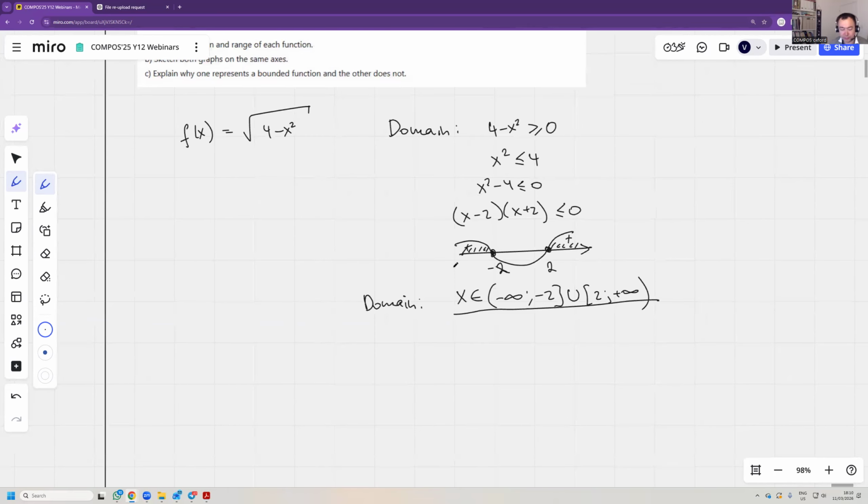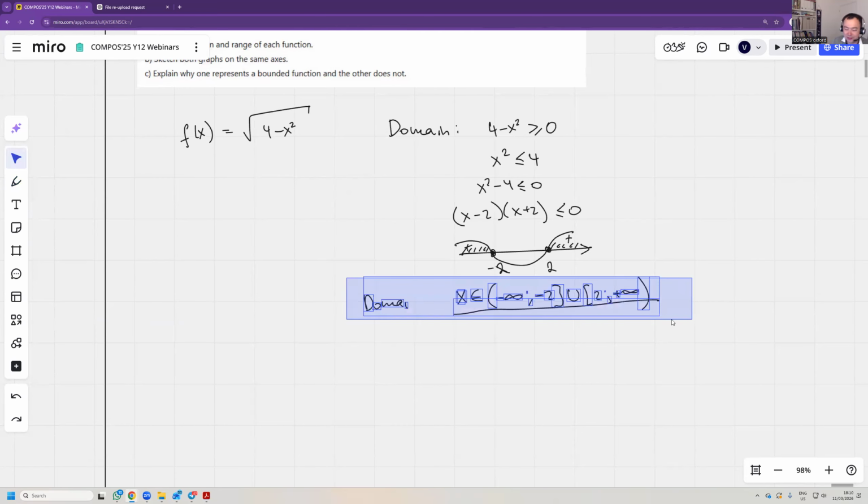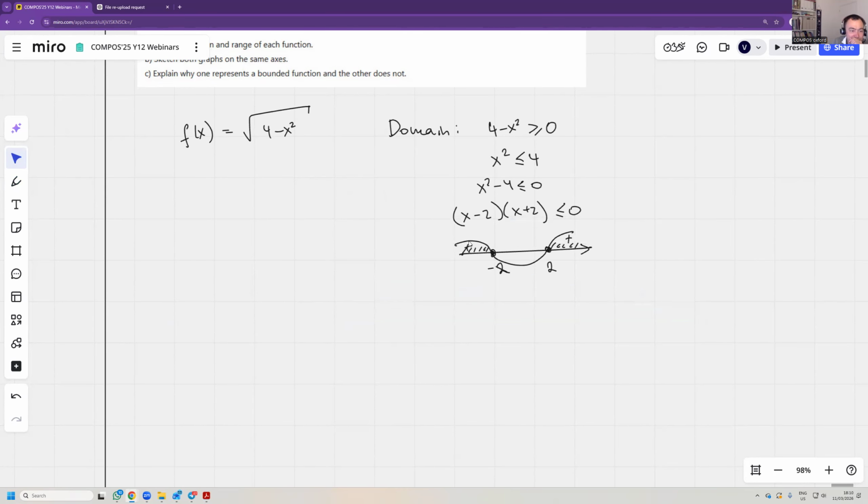Oh, sorry. What am I doing? Silly me. It's negative. You need the negative parts. Right, so you need the negative part, so that is this bit from minus 2. x belongs from minus 2 to 2.